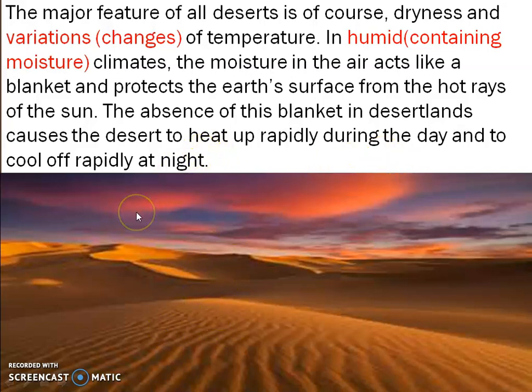Many desert areas have the issue of dryness, and the temperature is always changing. Variation of temperature happens. The absence of this blanket in the desert lands causes the desert to heat up rapidly during the day and to cool off rapidly at night.